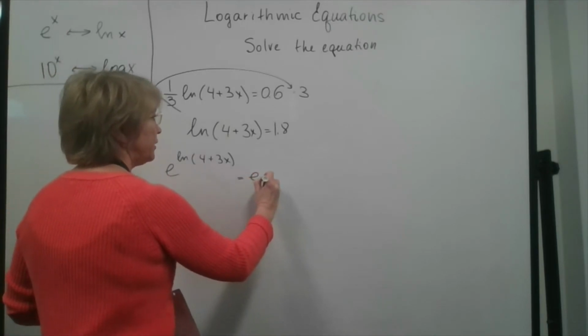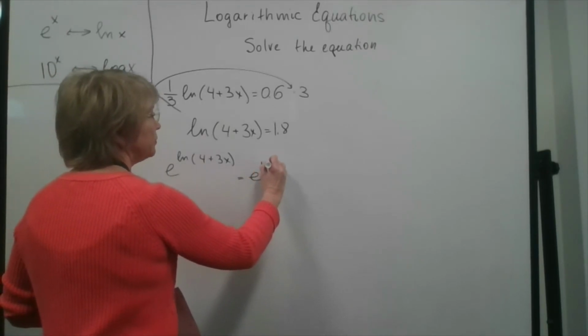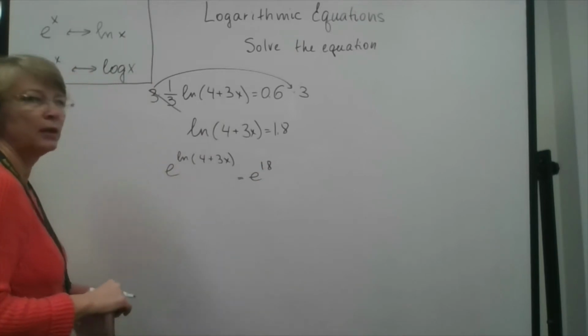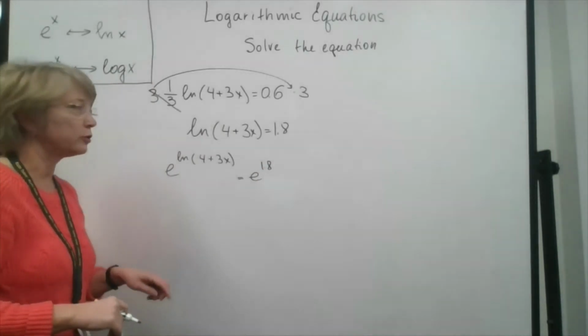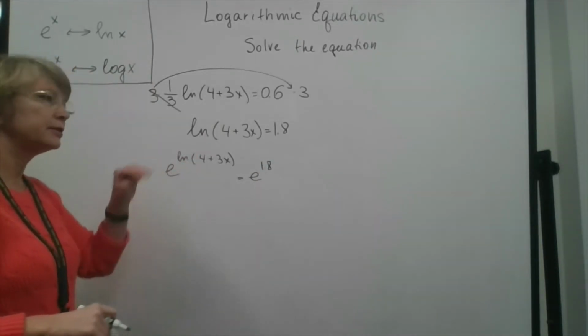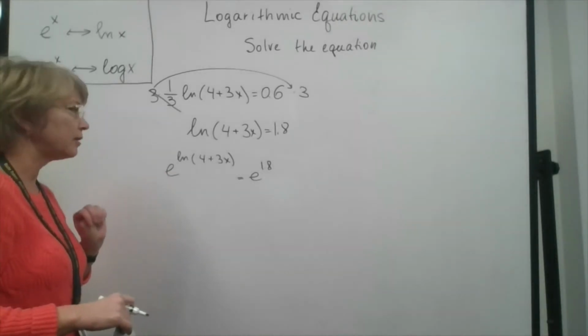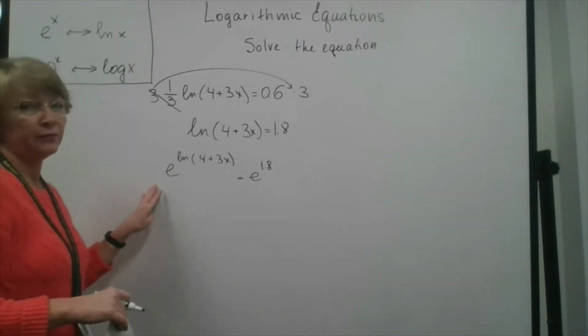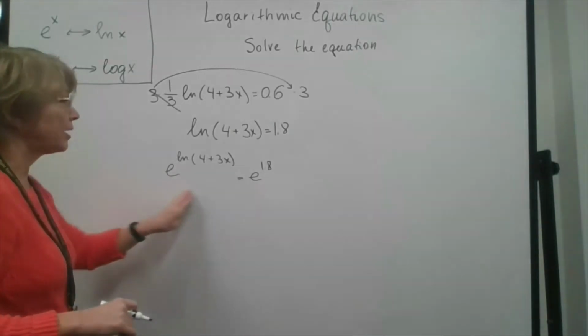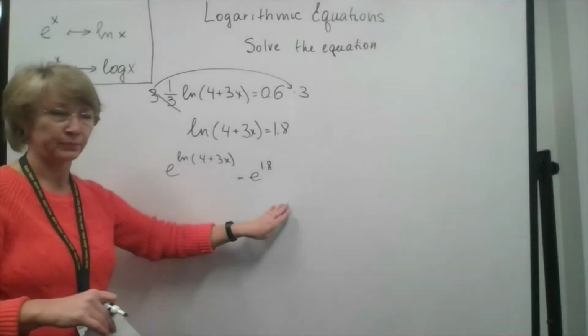So it should be e to the power 1.8. I know students like to do shortcuts and put some e somewhere, some exponent somewhere. But if you don't want to make a mistake, write everything nicely.